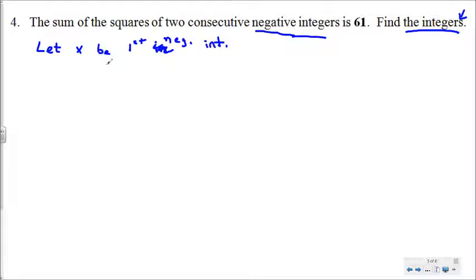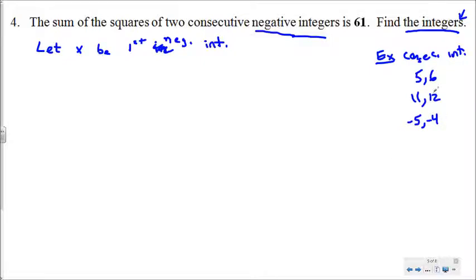Well, then do I need a new variable to represent the second? In this case, no. And it comes from what it means to be consecutive integers. Examples of consecutive integers are things like 5 and 6, or 11 and 12, or -5 and -4.